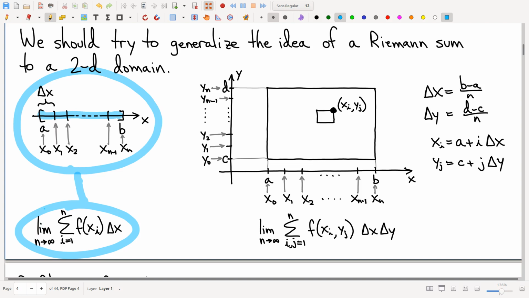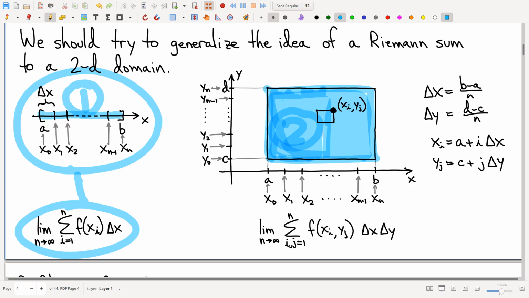What if instead of this one-dimensional interval, what if I have a two-dimensional rectangle? Okay, it was a little messy, but anyway, what if I have a two-dimensional rectangle?